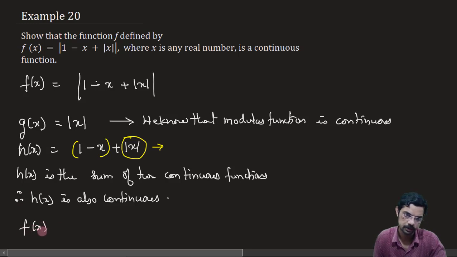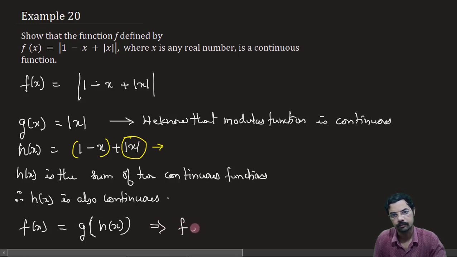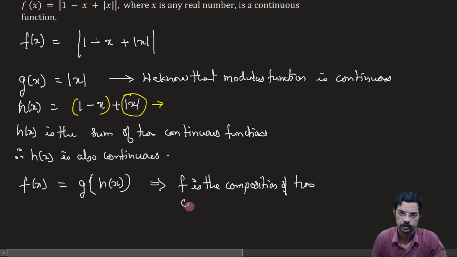So this implies f is the composition of two continuous functions, and therefore f is continuous.